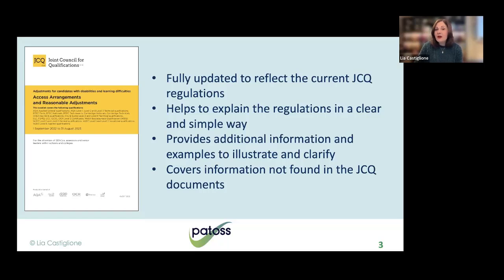It also covers information not found within the JCQ documents. For example, details of tests that can be used to assess for access arrangements evidence, and resources to gather centre-based information, as well as information on text-to-speech and speech-to-text packages.